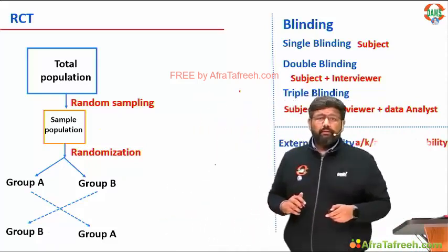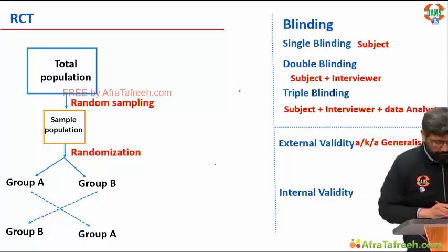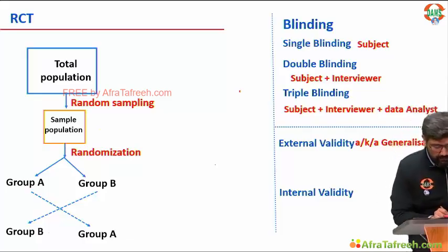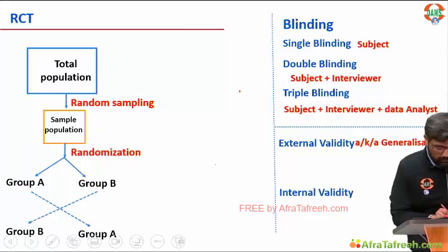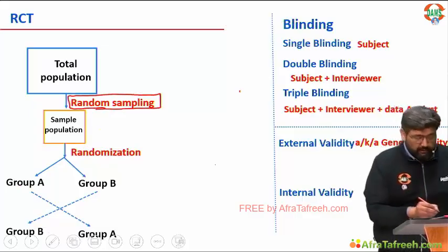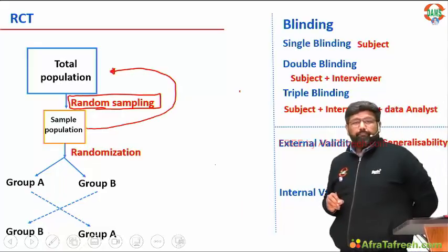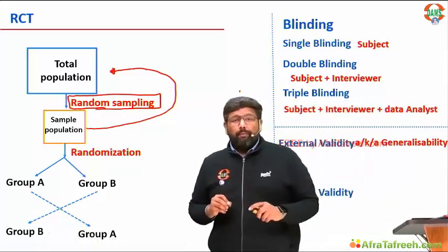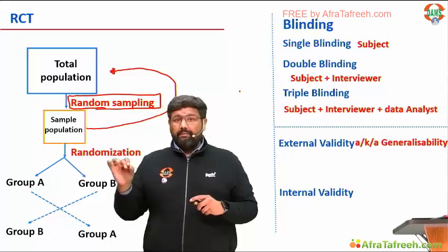Now coming to external validity. Guys, just listen. If I'm doing random sampling here, so this is random sampling, right? Now if this population is part of this population, suppose if only young I have included in sample population, that means random sampling was not done.